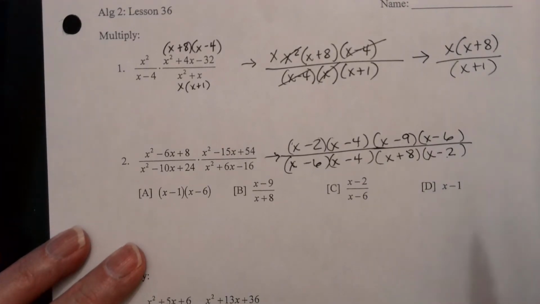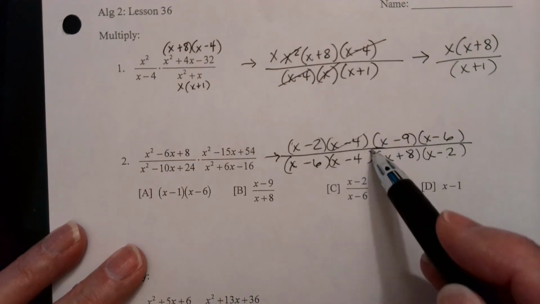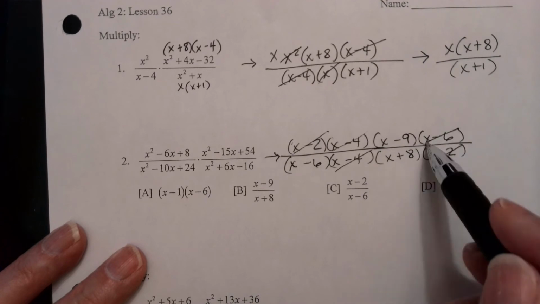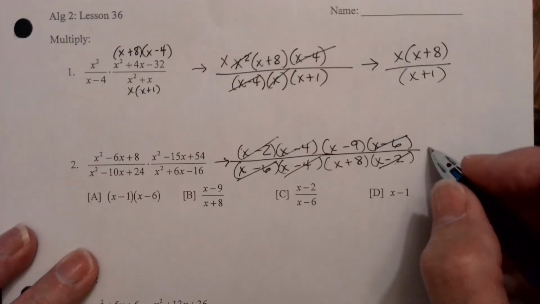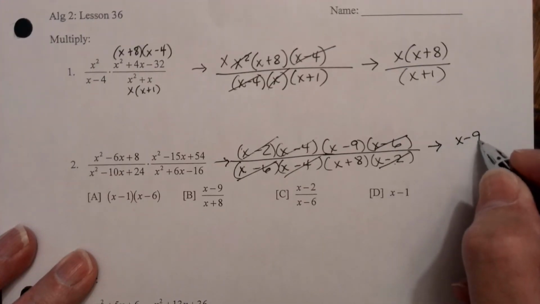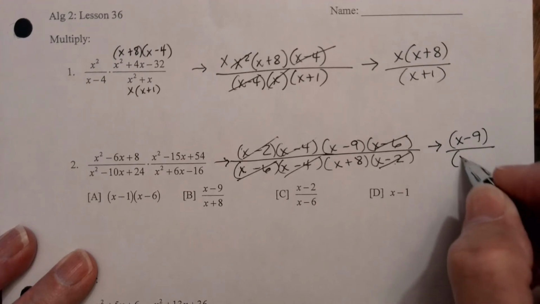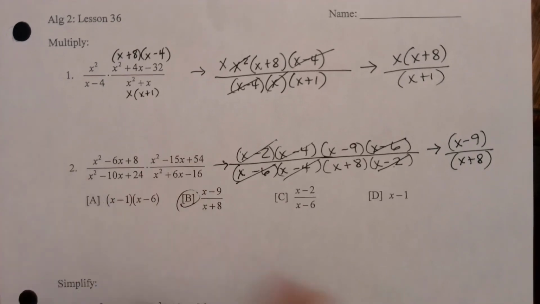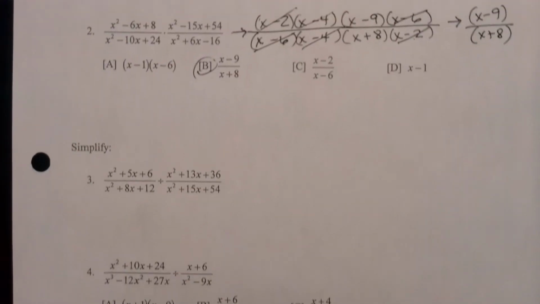Now I'm going to look for anything that will reduce. Those obviously reduce, right? That cancels that one. This one cancels this one. And I'm left with x minus 9 over x plus 8. Cool, right? All that mess, and we cleaned it all up.